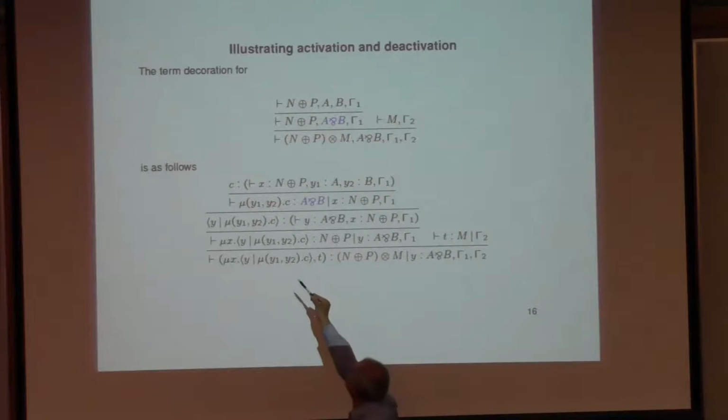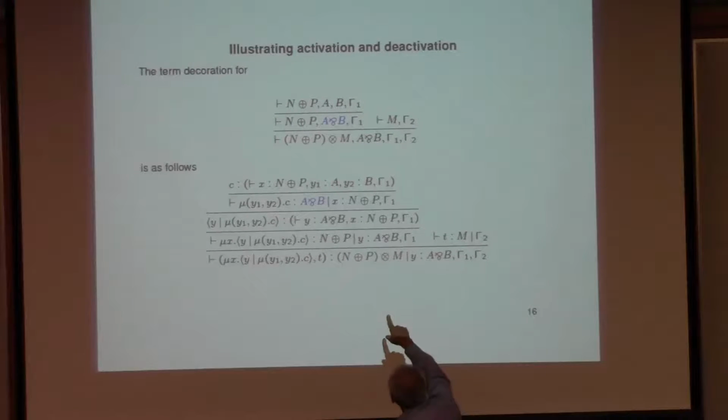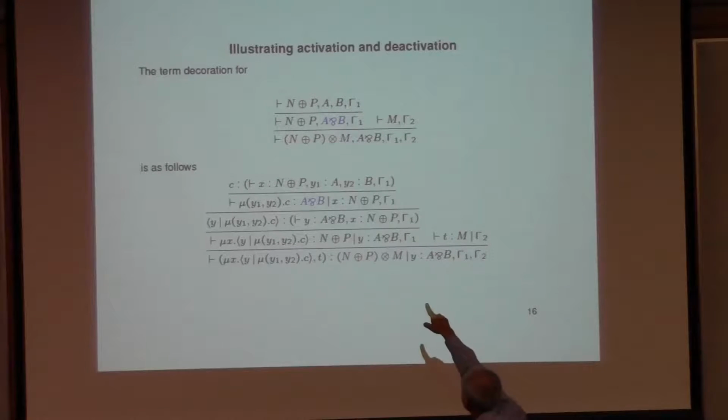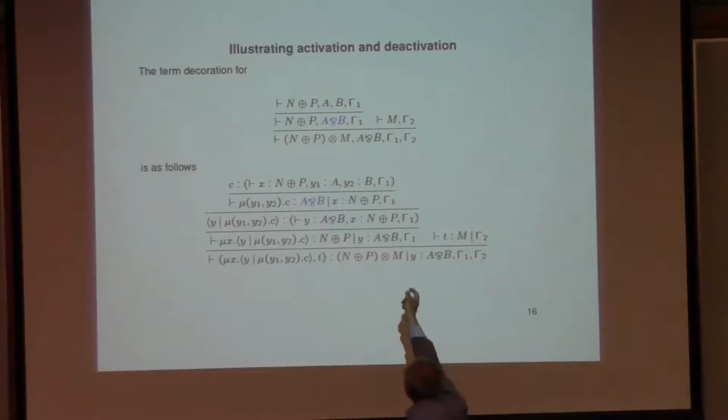So then I get this mu y1 y2 dot C, which is a term of A par B in the context of the other formulas, N plus P and gamma 1. And y1 and y2 were the names associated with the assumptions A and B.